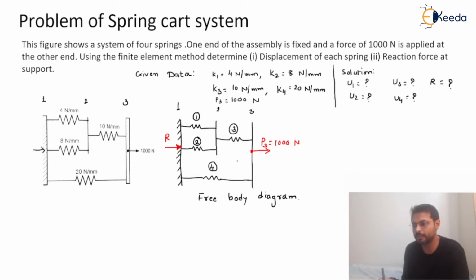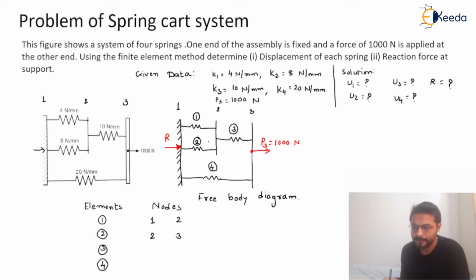Now I need to do the nodal notations. We have the first element, second element, third element, and fourth element, and we have to write down the corresponding nodes. The first element is between nodes 1 and 2. The second is between 1 and 2 again.